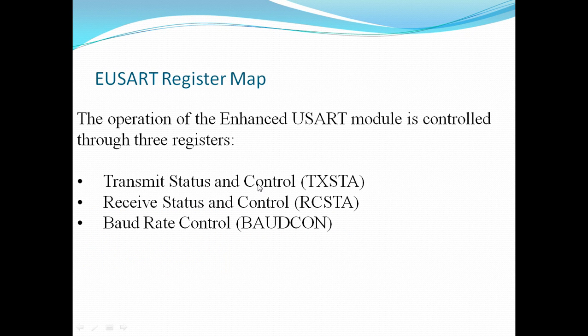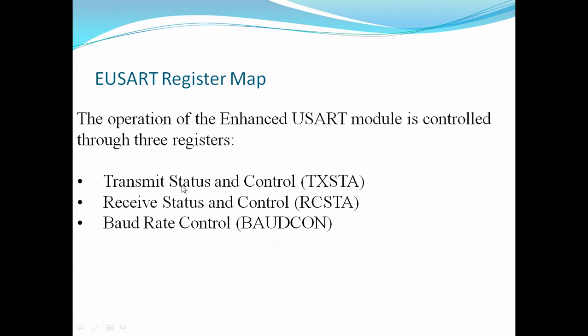Now, to control the operation of serial communication, these three registers are used in the USART register map, that is Universal Synchronous Asynchronous Receiver Transmitter, the enhanced universal synchronous or asynchronous receiver transmitter.